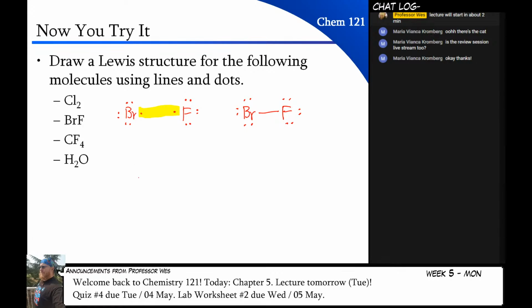Now, for CF4, for carbon, I have 4 valence electrons around it because it's in group 14. And then for fluorine, I have something like this. I just got a bunch of these.